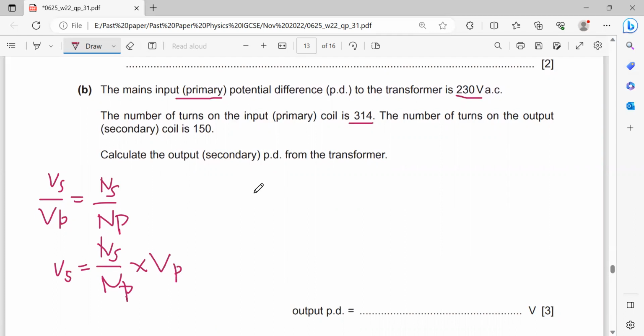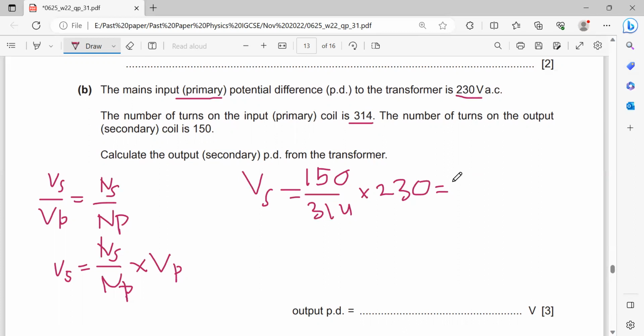So Vs equals Ns, which is the number of turns on the secondary, 150, over Np, which is 314, times 230.